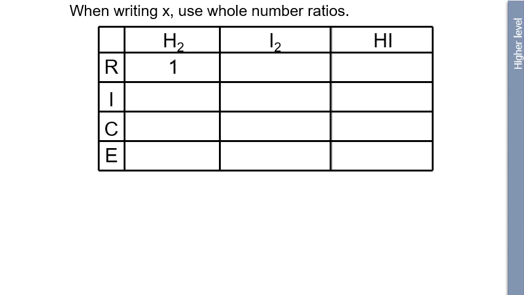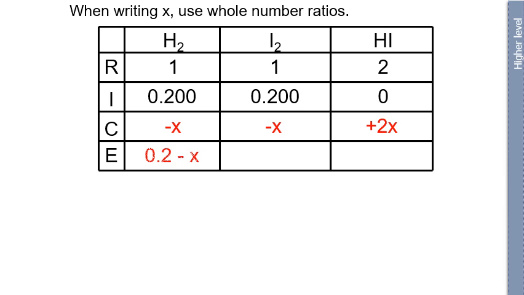Okay, so we just plug in those values again. The change in concentration of the hydrogen is going to be minus x. Now, because the change in hydrogen is going to be equal to the change of iodine, it's also going to be minus x. And from the molar ratio, then the concentration of HI will be plus 2x. Okay, for it's a 1-to-1 to 2 molar ratio.